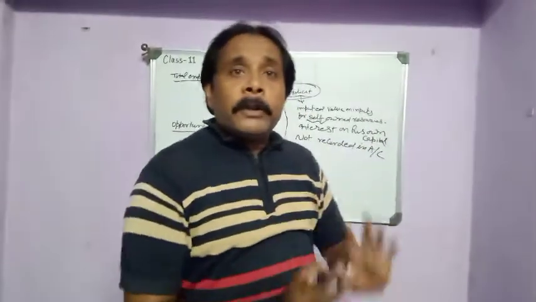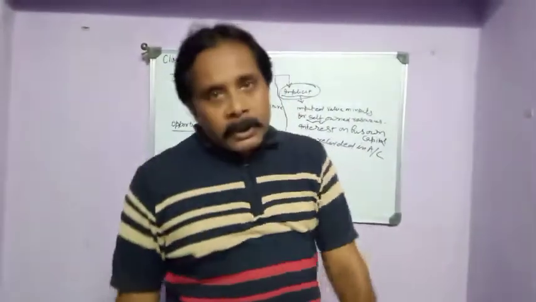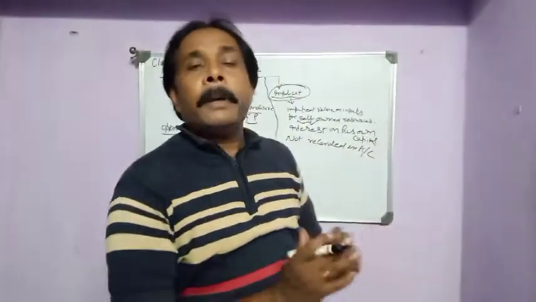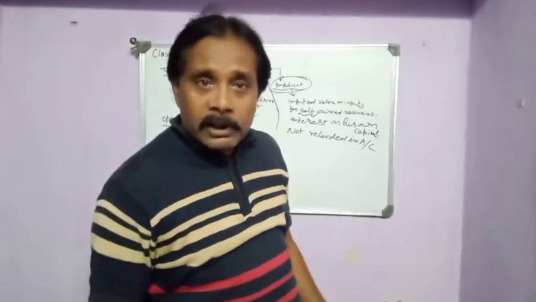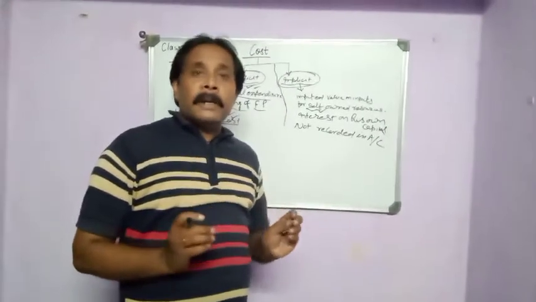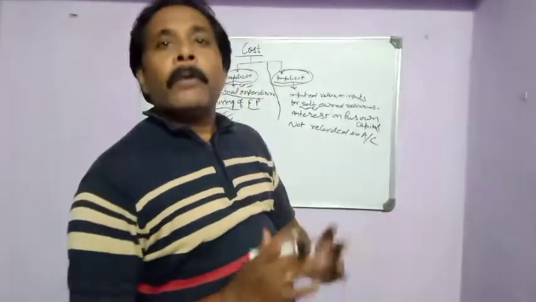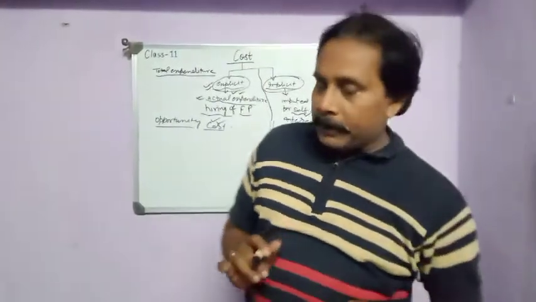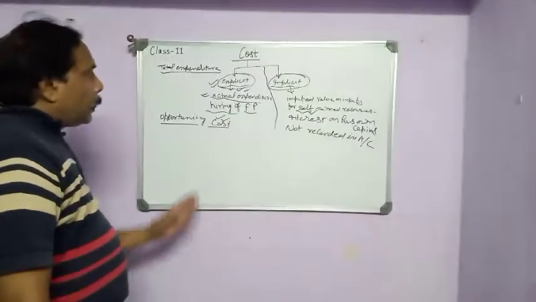So here 50,000 is sacrificed by me only to gain 70,000. So 50,000 will be considered as opportunity cost. Is it clear? So opportunity cost is the next best alternative foregone, and foregone means sacrifice. So these are the basic costs.